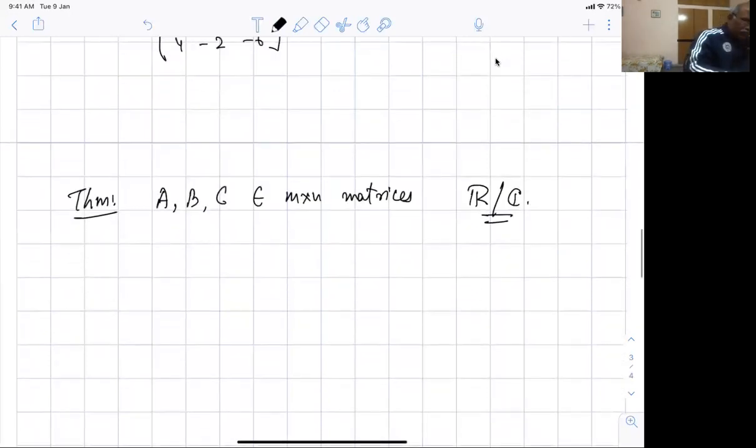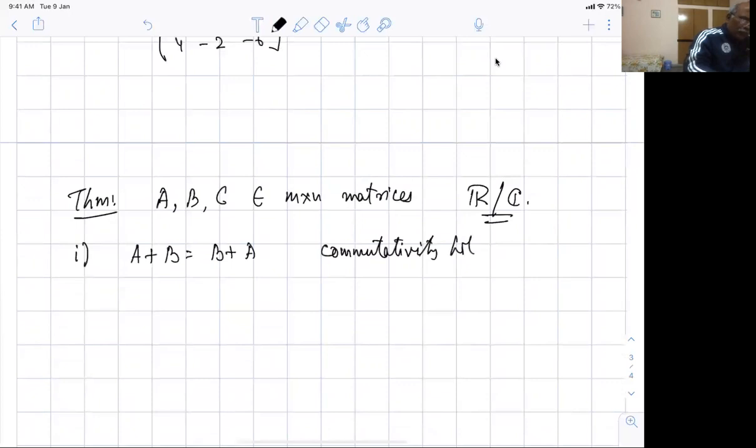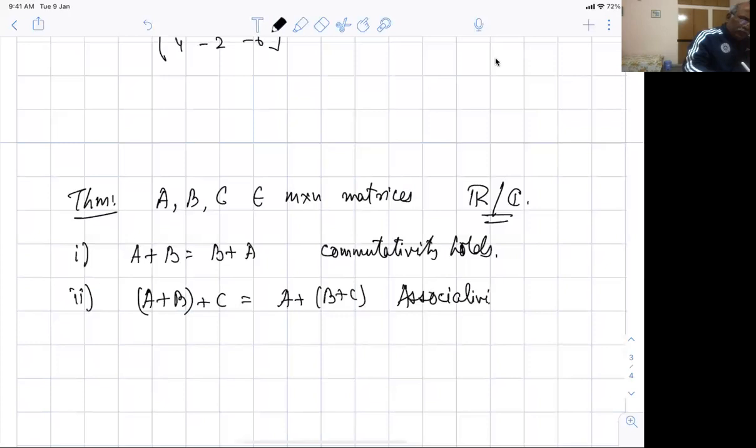And then I would like you to look at that A plus B is same as B plus A. Commutativity holds. 2. There is associativity also which holds. A plus B plus C is same as A plus B plus C. Associativity holds.